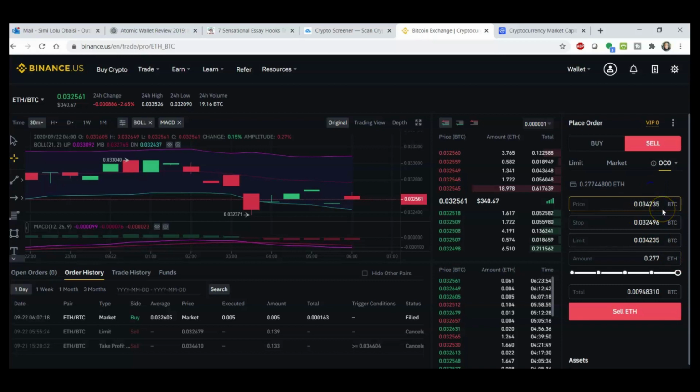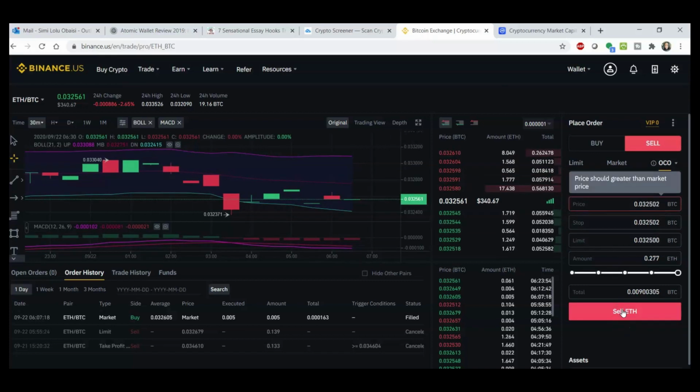This is my stop loss price, 0.032502. Because at this point price action is reducing, we're going to set this limit. It's going to be lower than the stop. So if the stop is 502, we're going to set the limit price at 500. So we've set all that up.